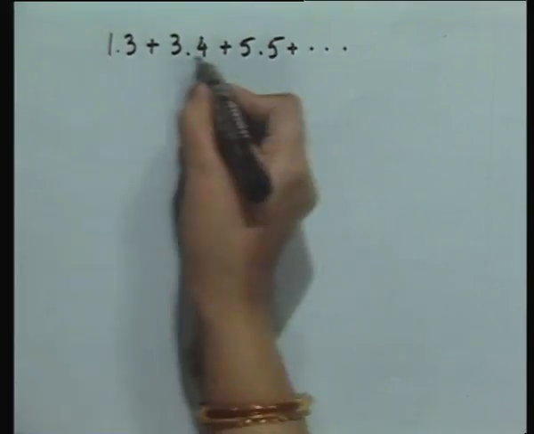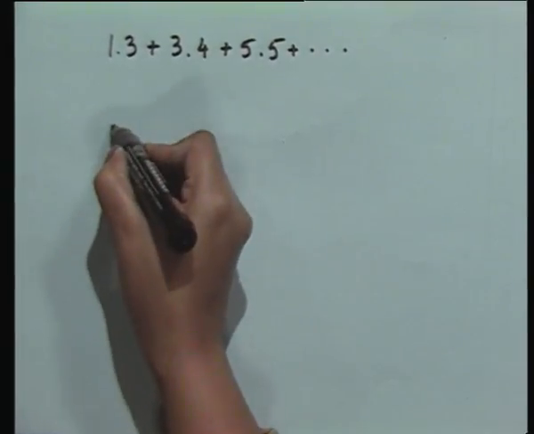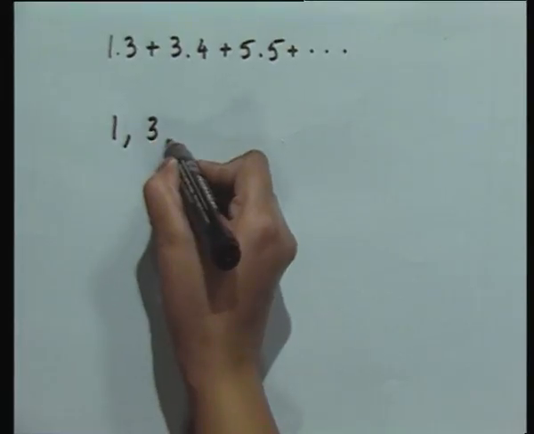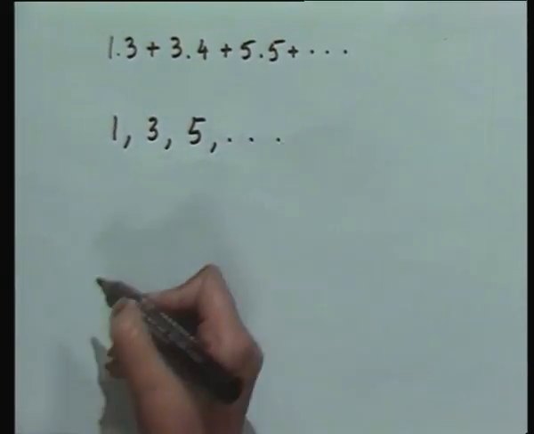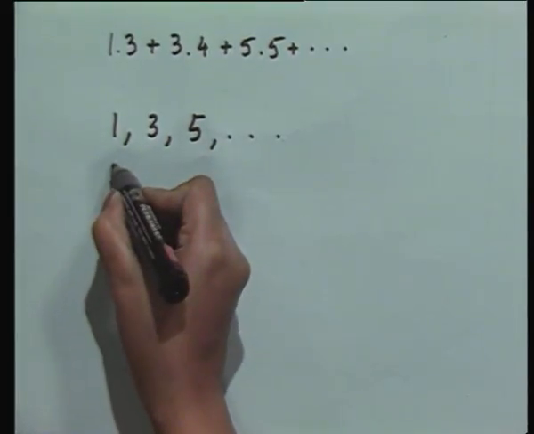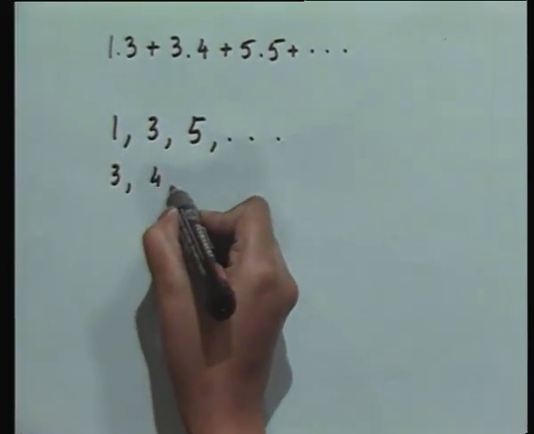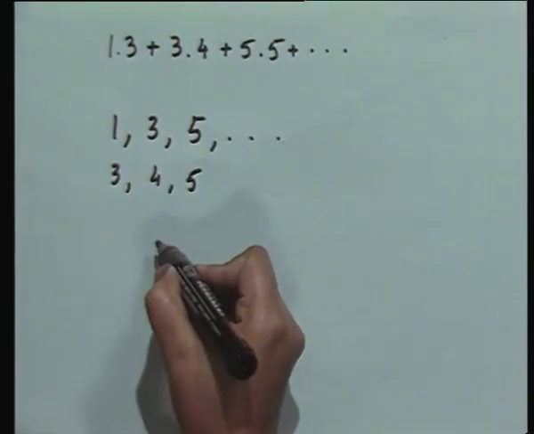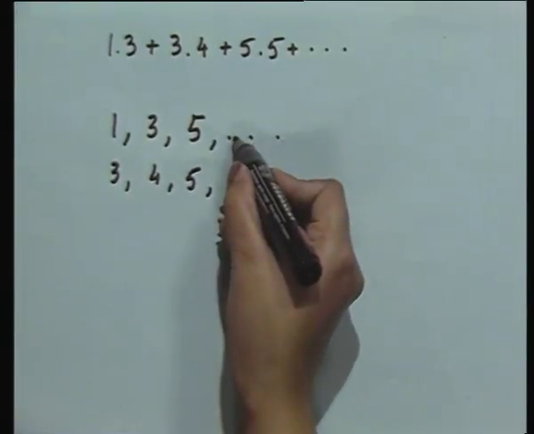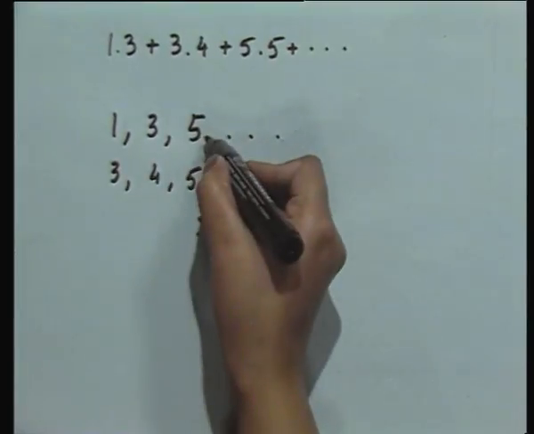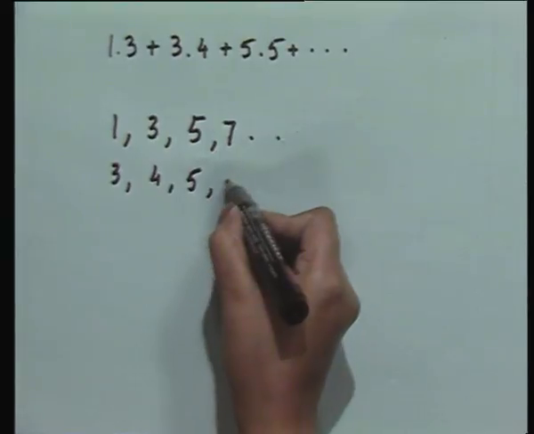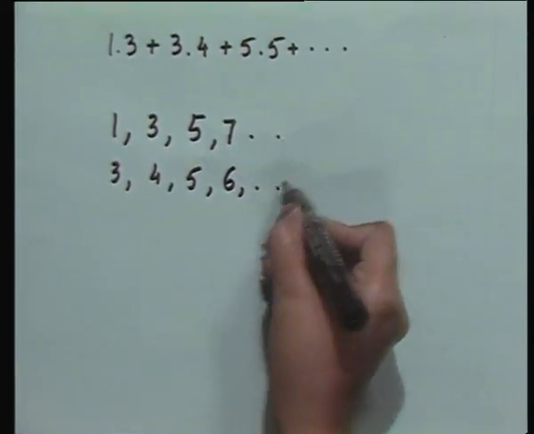As you could see, the terms are coming from two arithmetic progressions, one which has 1, 3, 5 and so on as its terms, and the second one is 3, 4 and 5.